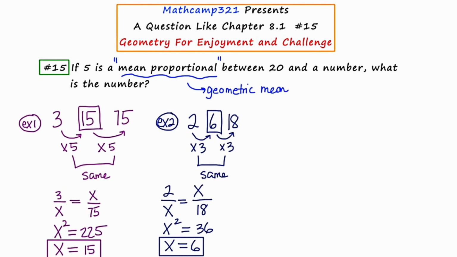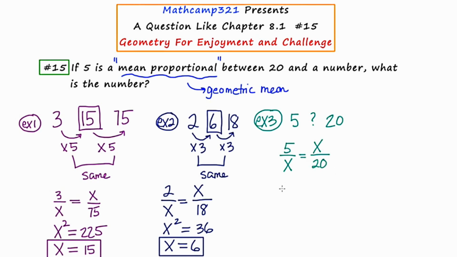Let me give you a very quick third example. Let's say the question said, find the geometric mean or the mean proportional between 5 and 20. So I'm going to set up a proportion. I don't know what the mean proportional is, so I'm going to put x to represent that unknown mean proportional. I'm going to put 5 and 20 along the other diagonals.